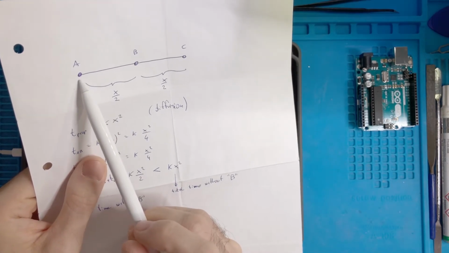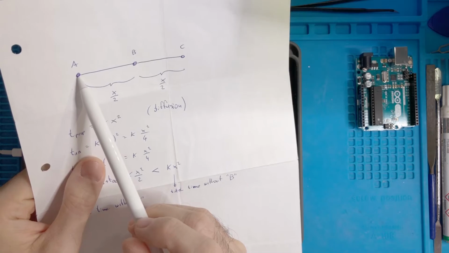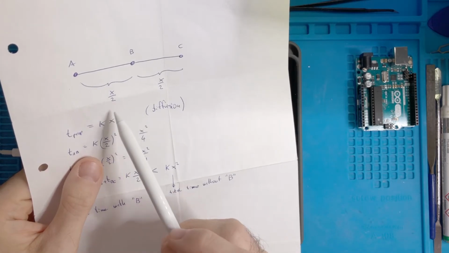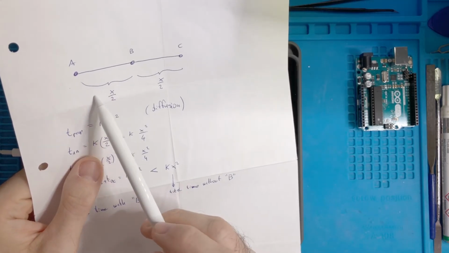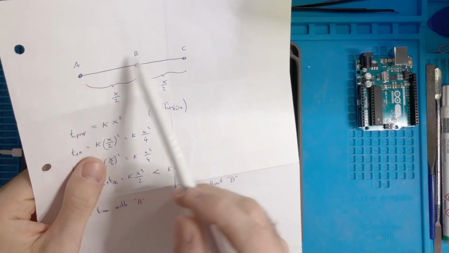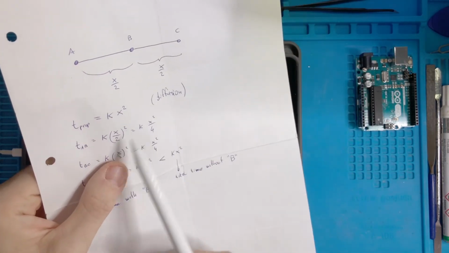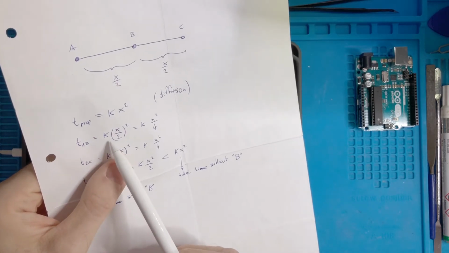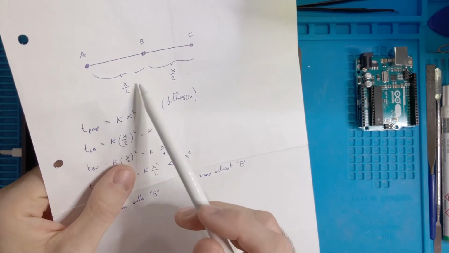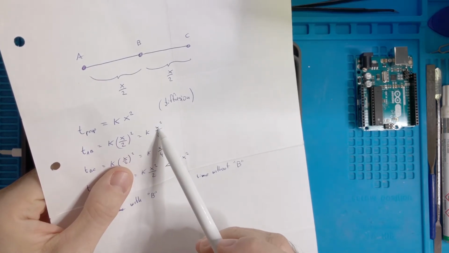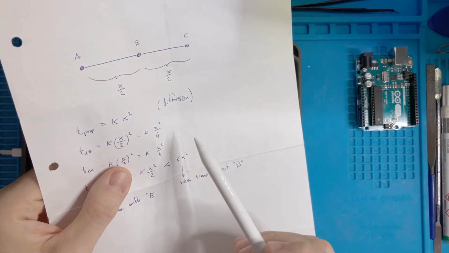So let's compute the timing. The information travels from A to B according to this diffusion timing equation, where the distance is not x but half of x. So TAB is k multiplied by the distance x divided by 2, squared, so it is kx squared divided by 4.